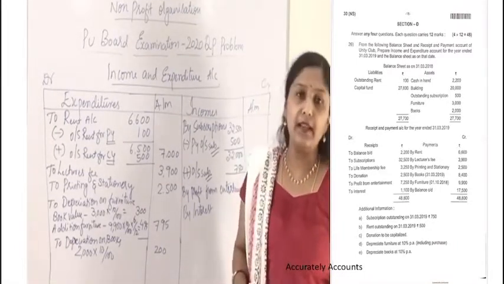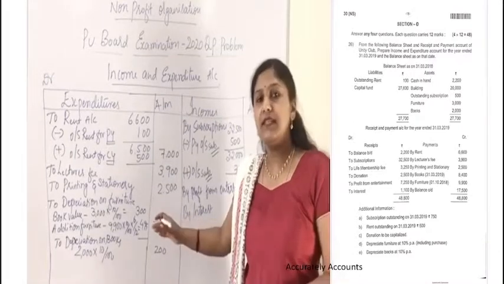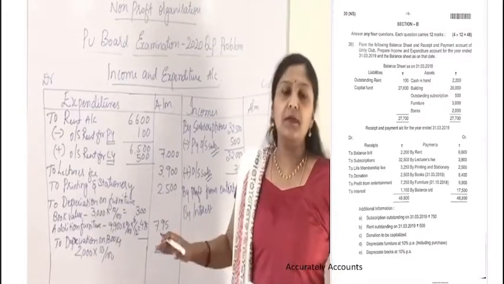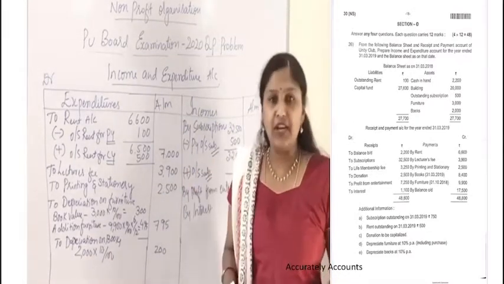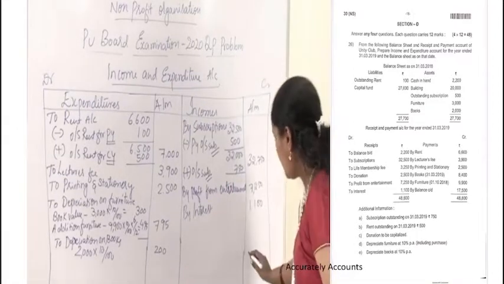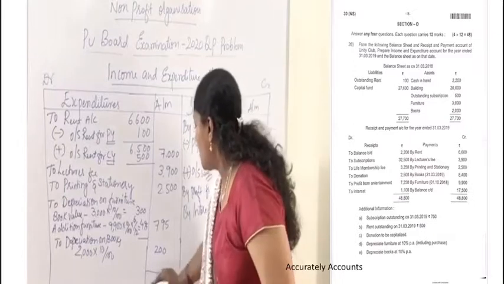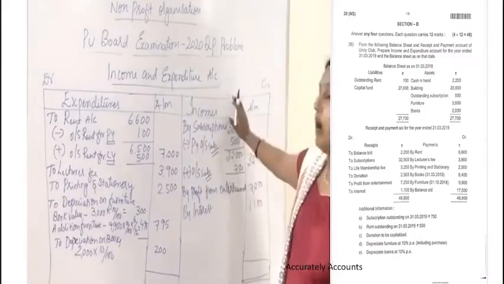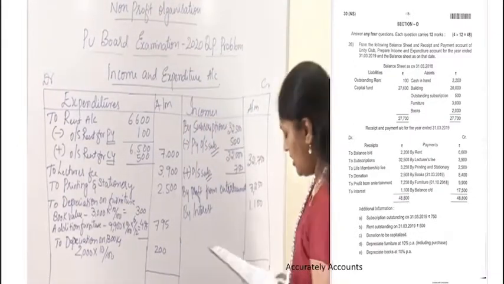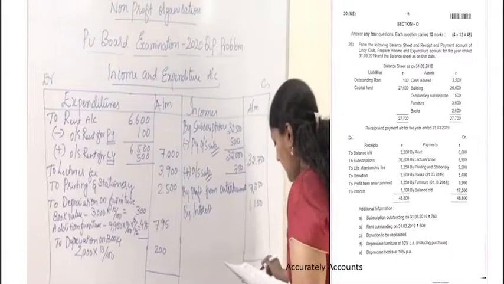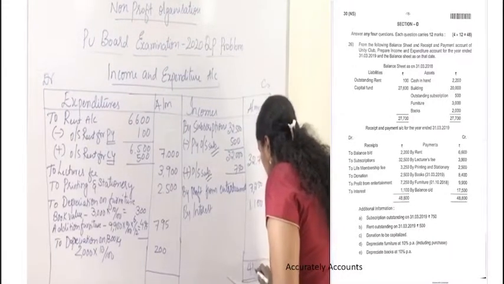Now let us balance and find out the difference, whether it is a surplus or a deficit. The same surplus or deficit we can treat in the balance sheet. By looking at this income and expenditure account, we can clearly make out there is high value on the income side. So the total is 41,100.